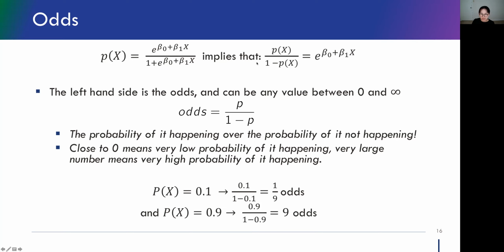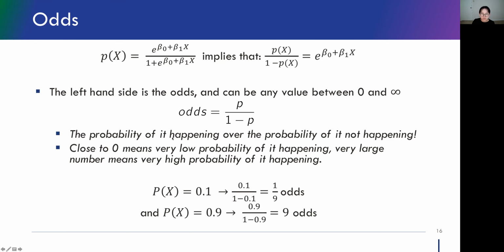And actually, this part, p over 1 minus p, is called the odds. And this odds can be any value between 0 and infinity. Well, what does the odds mean? It is the probability of it happening over the probability of it not happening, 1 minus p here.